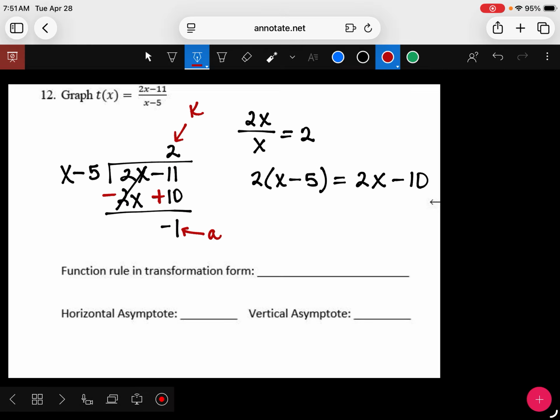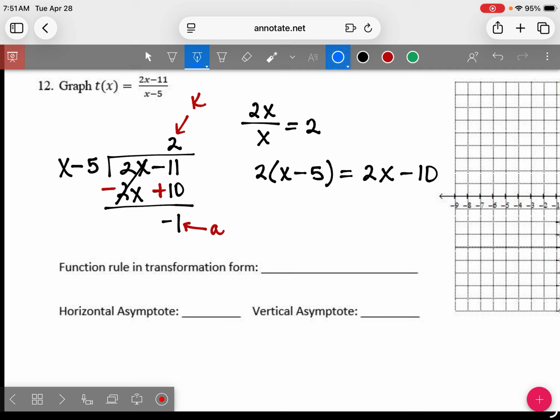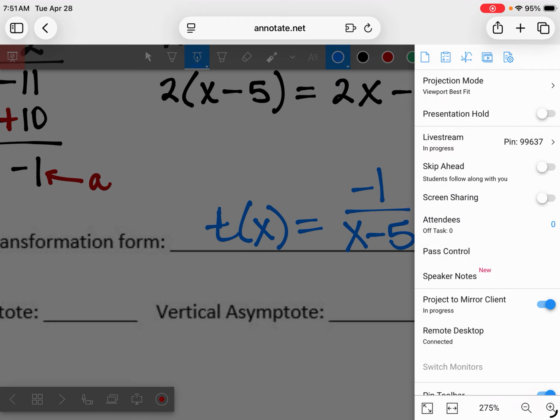So when we write our equation, we have f of x equals, make your fraction bar. Negative 1 is on the roof, x minus 5, and then plus 2. All right, take a minute, try to graph that out by yourself.